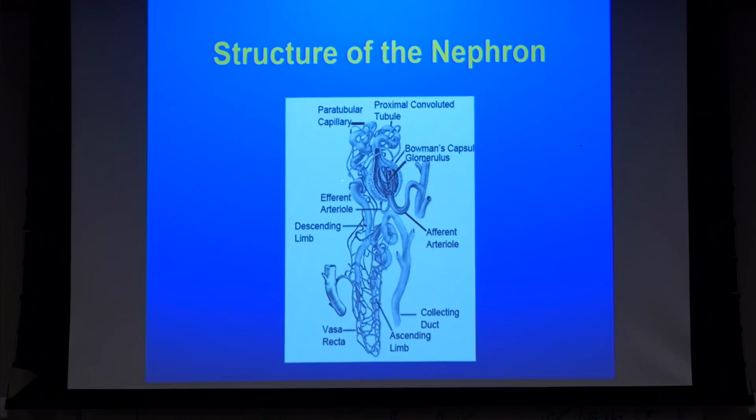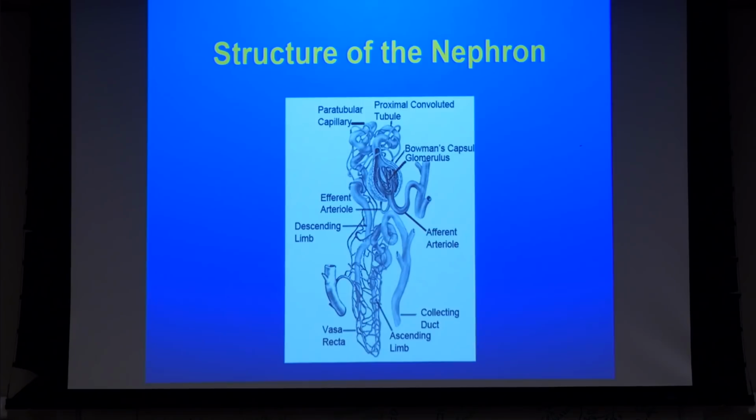That's where we reclaim much of the water and salts, all of the glucose and amino acids. And then the fluid flows into the descending limb of the loop of the nephron, moves around the hairpin turn, comes up the ascending limb, and now right here, this region of the distal convoluted tubule is tucked in between the afferent and efferent arteriole.